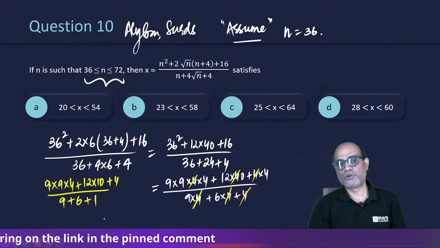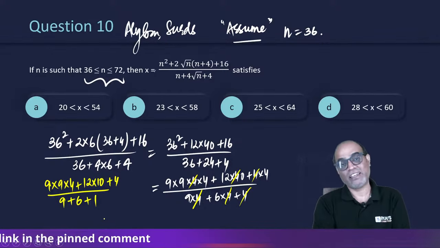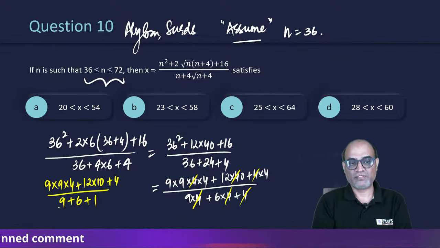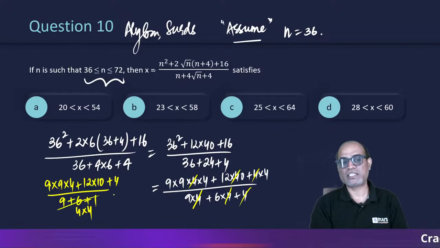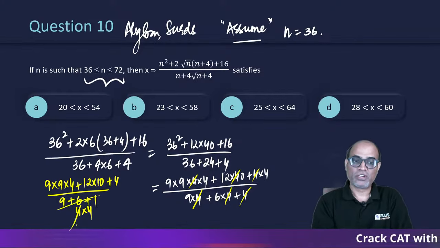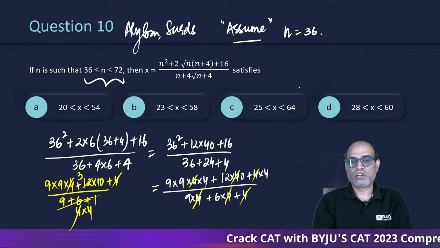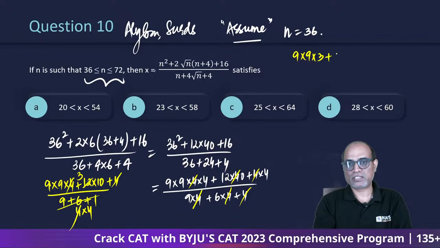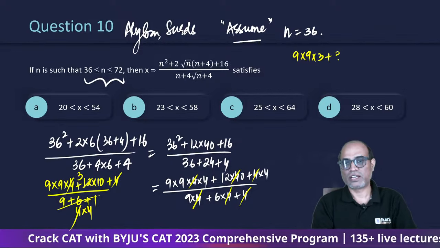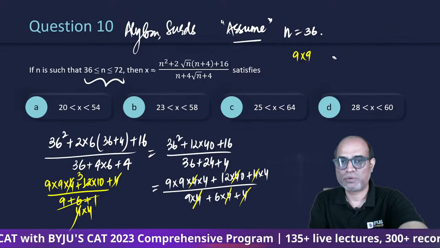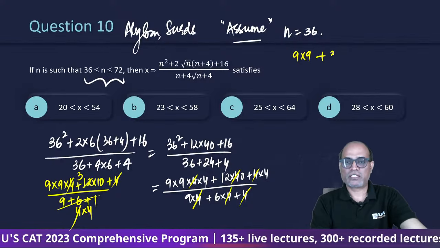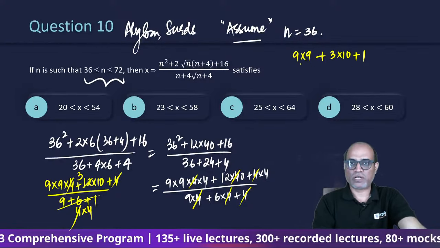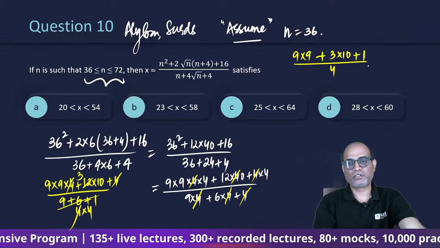Now if you look at the denominator, this is again 16. And if this is 16, this can be written as 4 into 4. So that means I need to get rid of one more 4. Remove one more 4. So I get 9 into 9 into 3 plus, sorry, 9 into 9, look, a mistake would have happened, plus 3 into 10 plus 1 divided by 4.